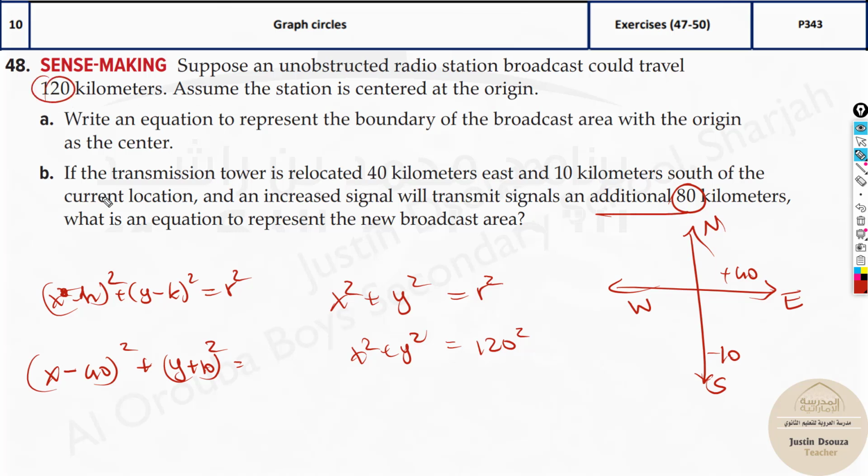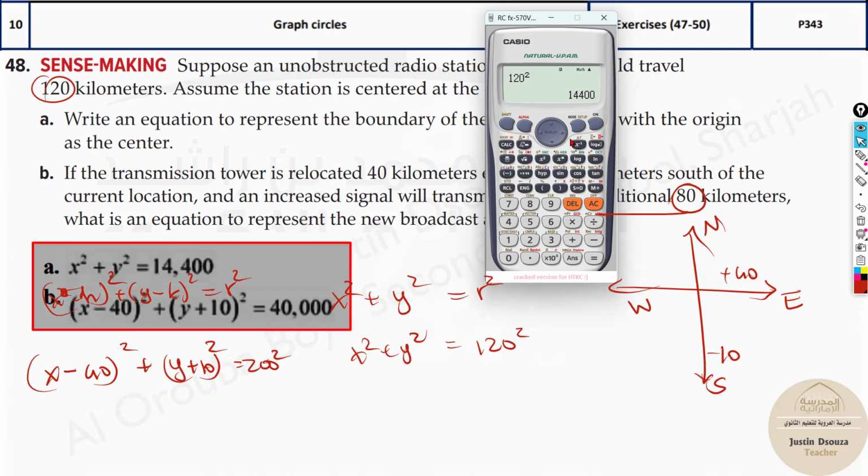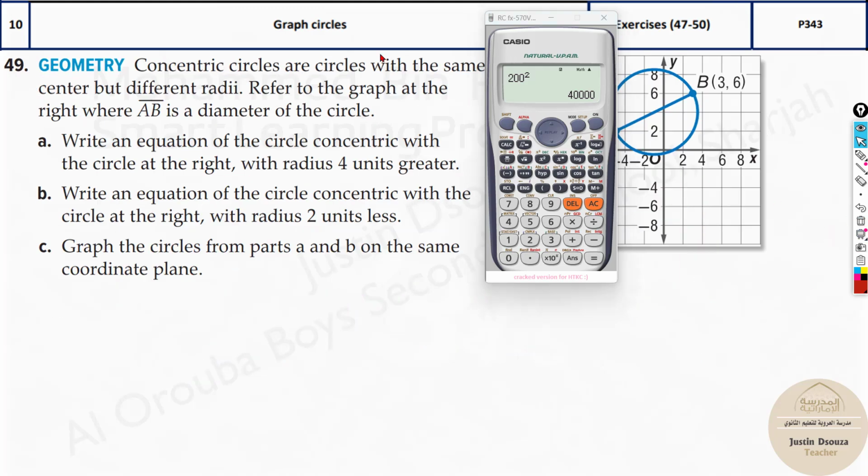It was already 120, so it is 200 square. So let's put this in the calculator. The first one over here is 14,400. You can see that's the answer. For the next one, you just have to do 200 square, and that is 40,000. And the remaining thing is all right. Very easy one. Circles are generally very easy.